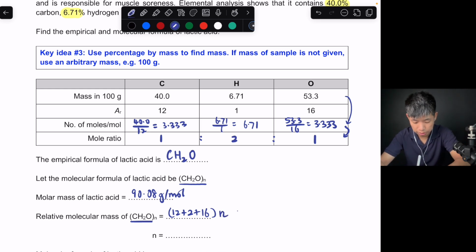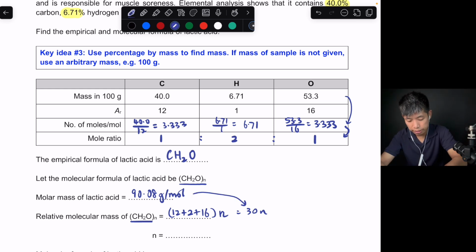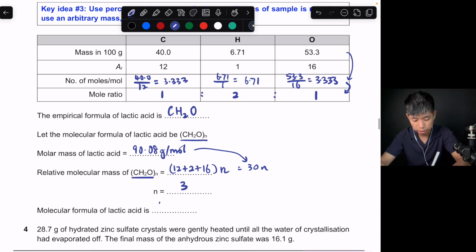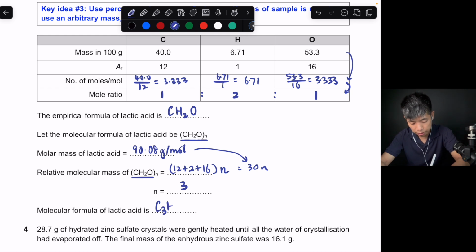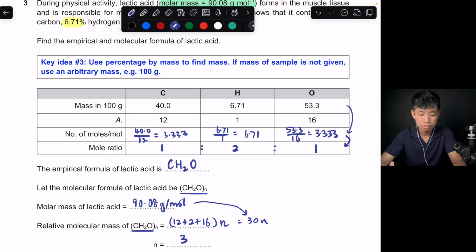So in other words, it is 30n. 90 and 30, this is 3 times, n will be 3. So that means the molecular formula will be C3H6O3. So example 3, the key idea is if you are given percentages, just convert it to mass.